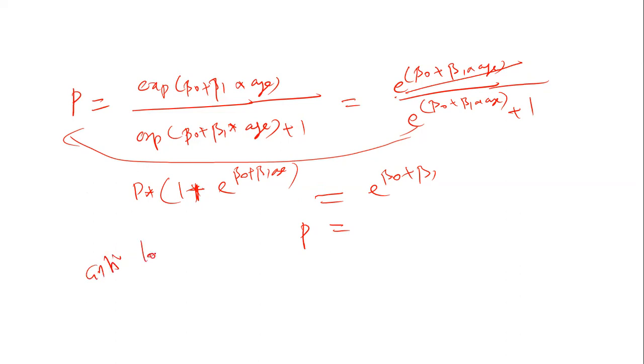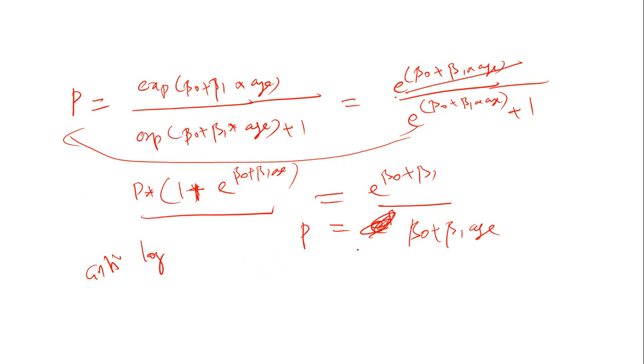When you take the anti-log on both sides of the equation, the left side will remain as beta naught plus beta 1 into h, the e will go away. And then on this side, p over 1 minus p.